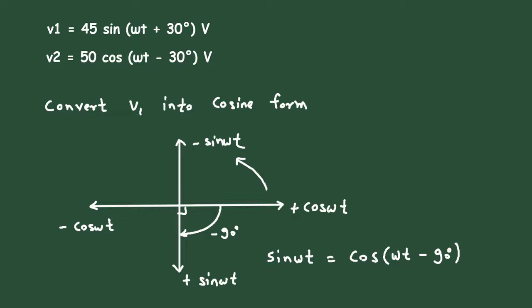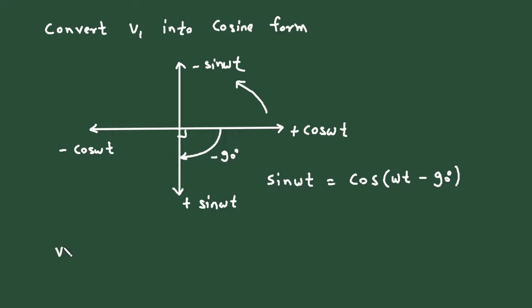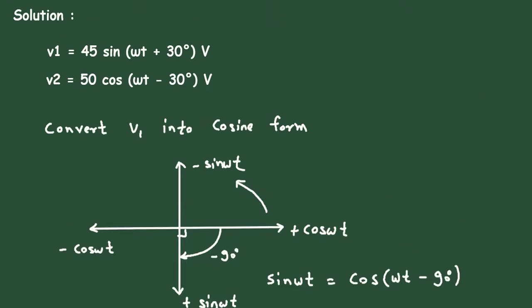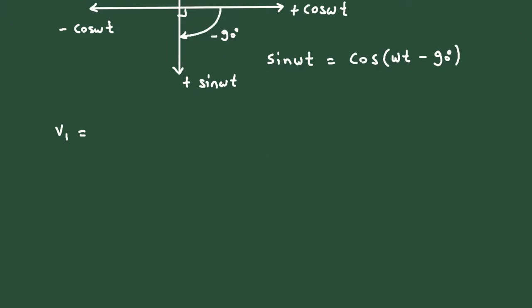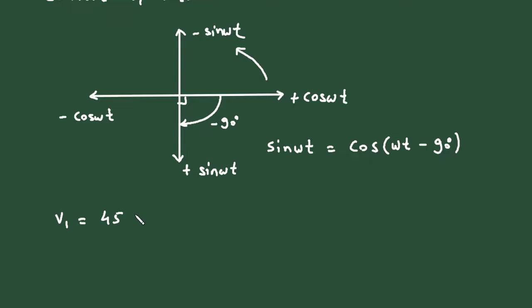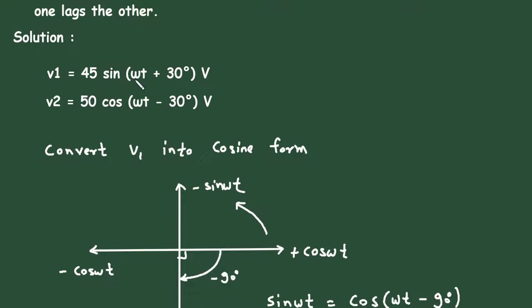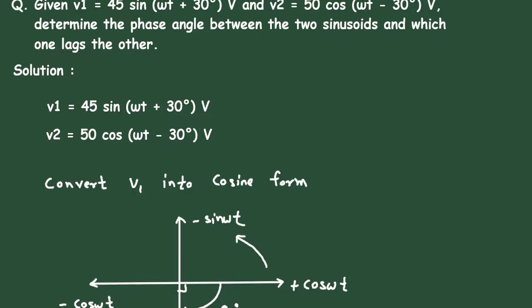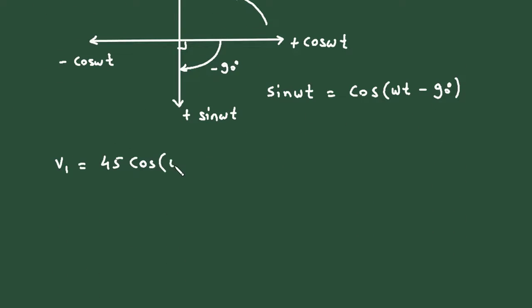Now V1 is equal to 45, and this sine will be changed to cosine. So it will be cos, and the inside part, omega t plus 30 degree, stays as it is, but here we have to add minus 90 degree to it.